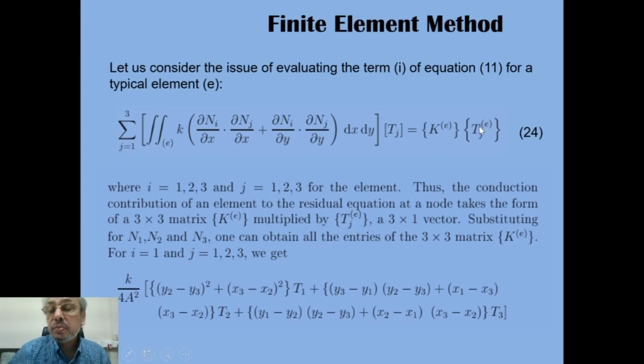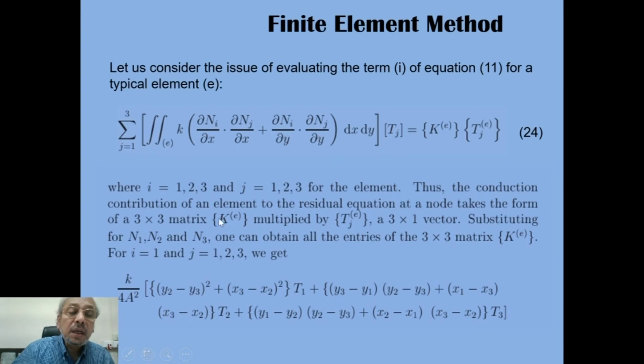3 rows but a single column, T1, T2, T3. Where, as we have explained, i equal to 1, 2, 3 and j equal to 1, 2, 3 for the element.